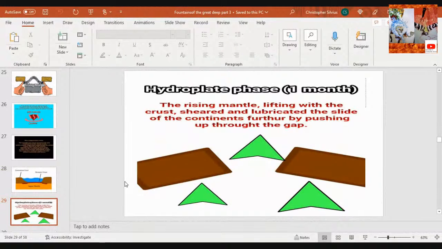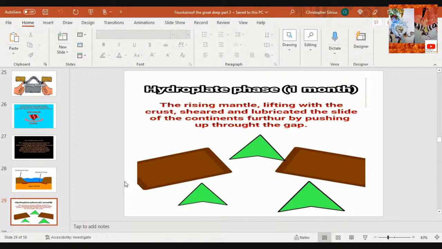The rising mantle, this is the first month, lifting with the crust, sheared and lubricated the slide of the continents further by pushing up through the gap. This is the hydroplating phase 1. So when this catastrophic rupture of the mantle through the crust happens, the first phase is that they're sheared off of their original platform, the granitic base of those continental plates.